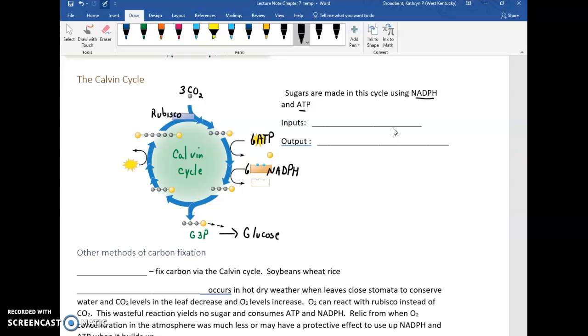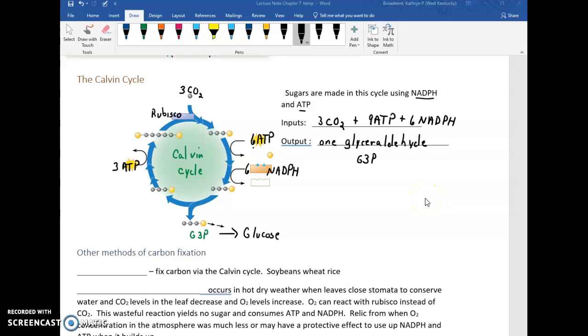So our inputs are 3 carbon dioxides, 9 ATP. I have the 6 here, and there are 3 more ATPs used on the back side, and 6 NADPHs. Our outputs are going to be 1 glyceraldehyde-3-phosphate.